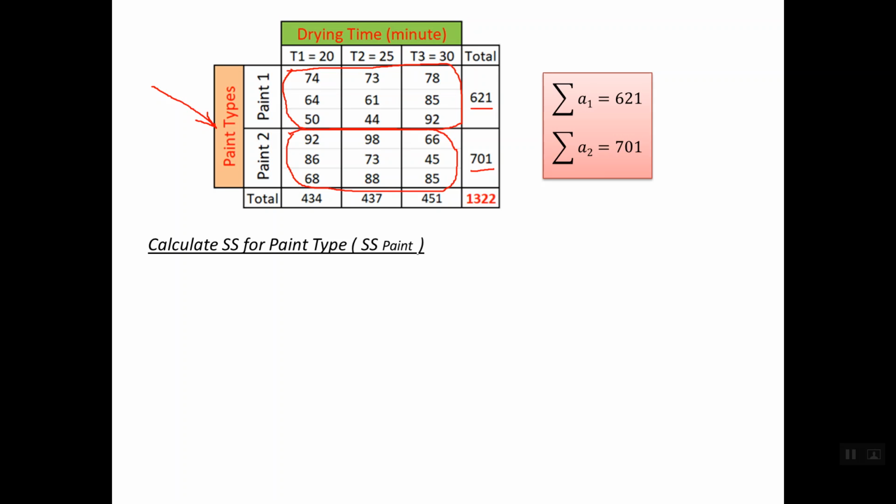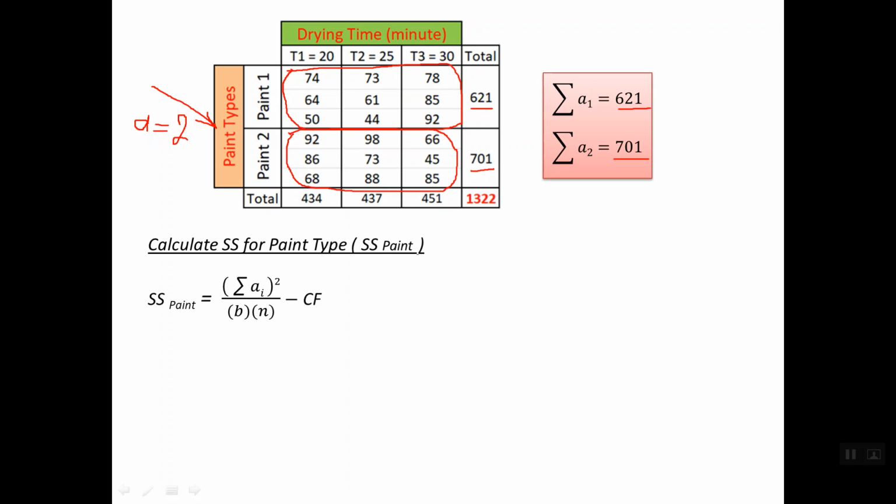As we said earlier, A represents the levels of the first factor. We have two levels. The summation for the first is 621, and for the second it is 701. Notice that we ignore the drying time in the calculation of the SS for this factor. This is the formula to calculate the SS for the first factor, which is the paint.